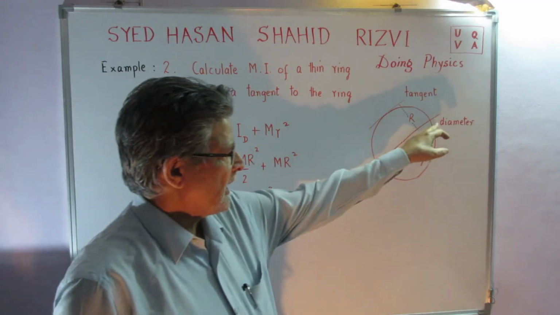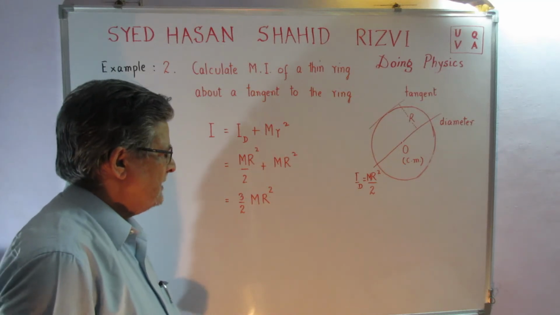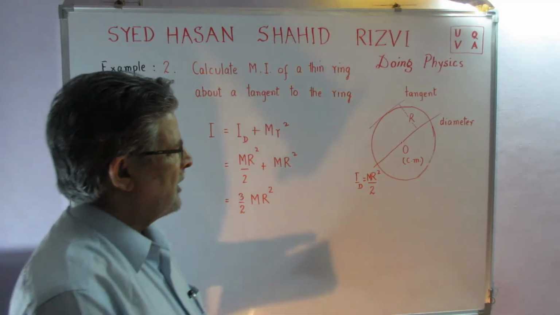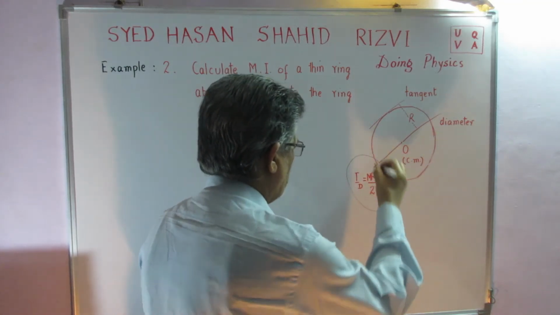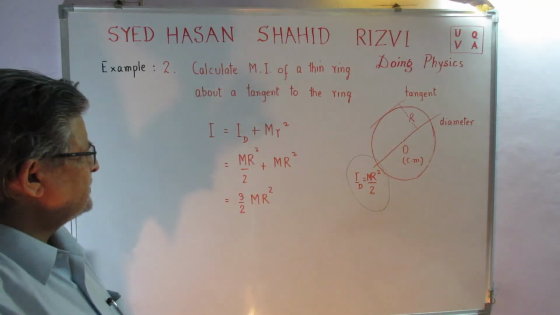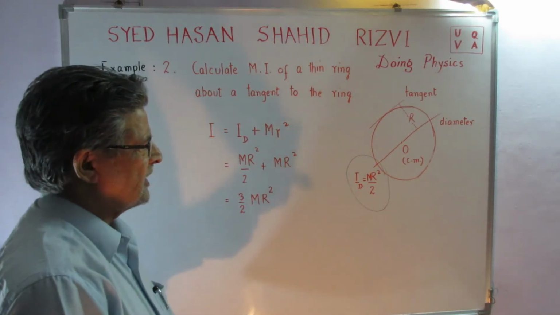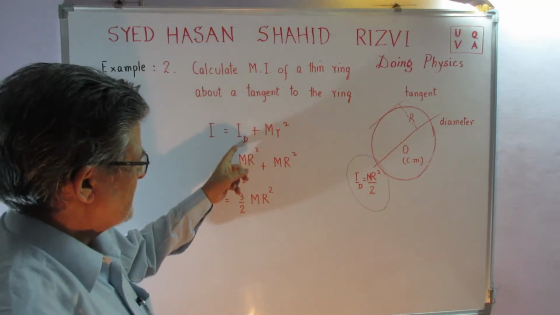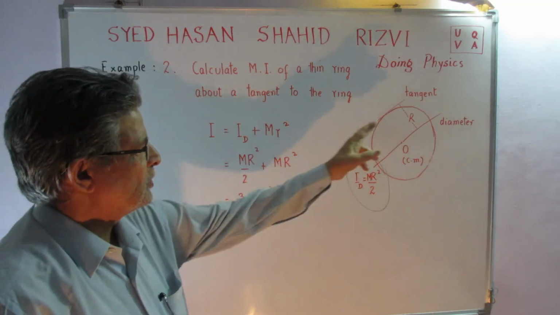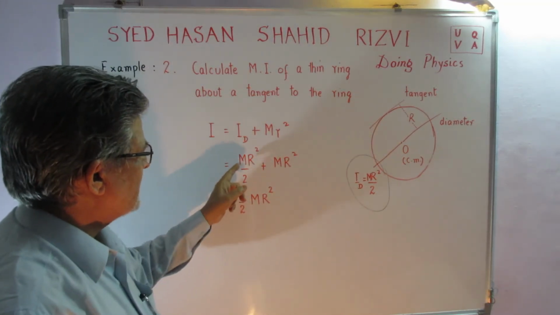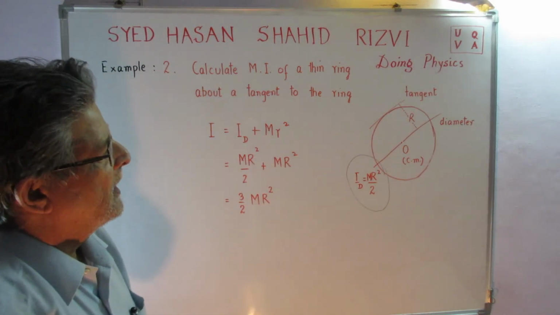This diametrical axis is passing through the center of mass, and the value we know about this is mr square by 2. So I substitute in this relation: I is equal to the I about the diameter, the axis that we are familiar with, plus mr square. Now r is equal to capital R, therefore I can write this as mr square by 2 plus mr square, which is 3 by 2 mr square.